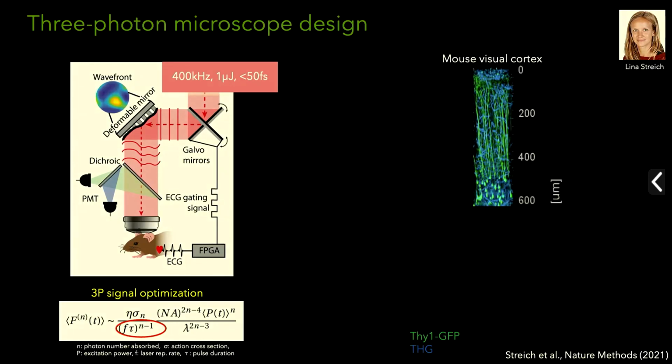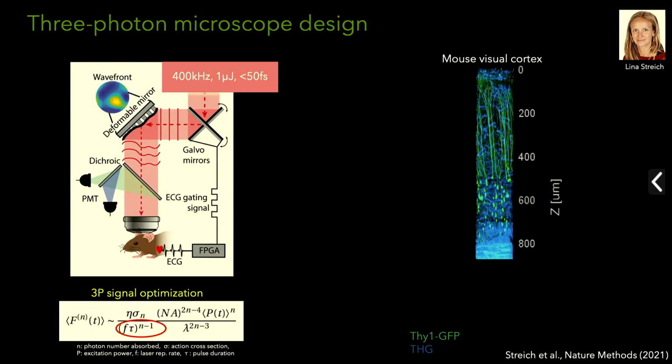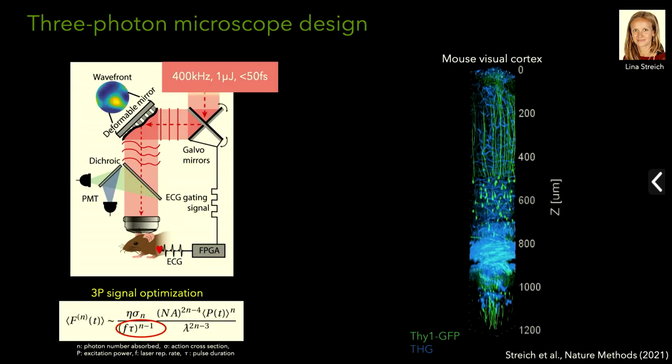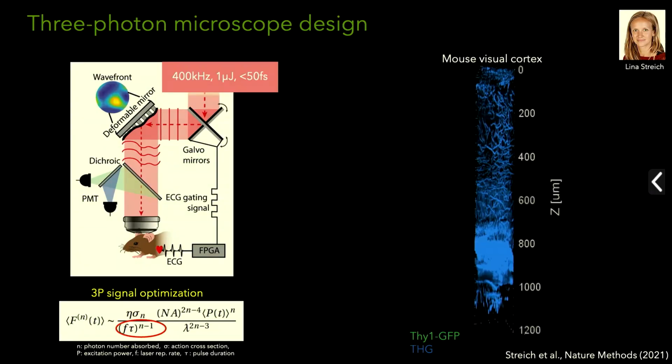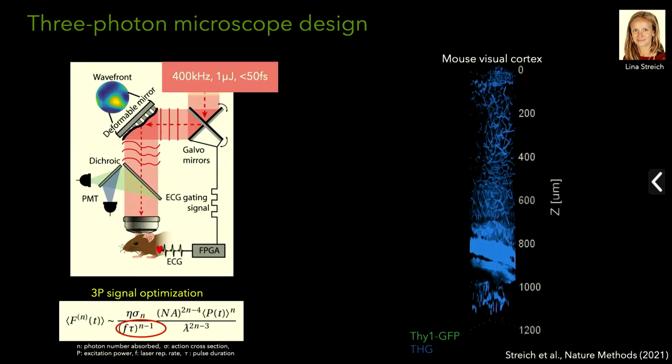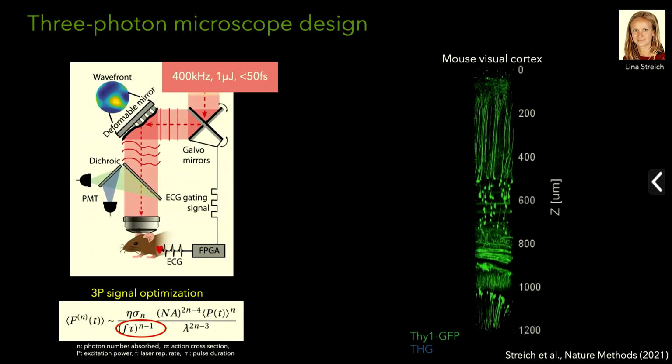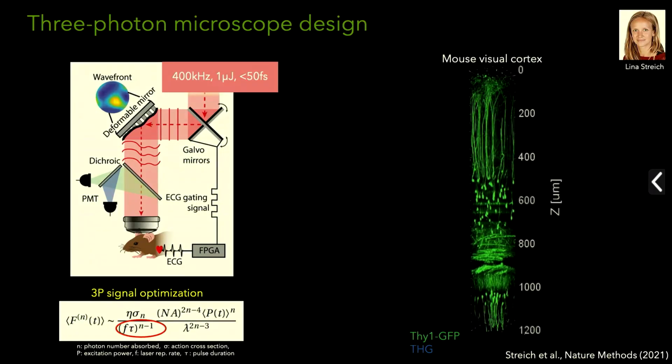And here I show you an image stack in the mouse visual cortex that starts at the surface here. And normally with two-photon microscopes, we can reasonably image down to around 600 micrometers in the brain. But now with three-photon microscopy, we can more than double this imaging depth, going not only through the entire cortex, but also through this highly scattering corpus callosum layer and then into the hippocampus.